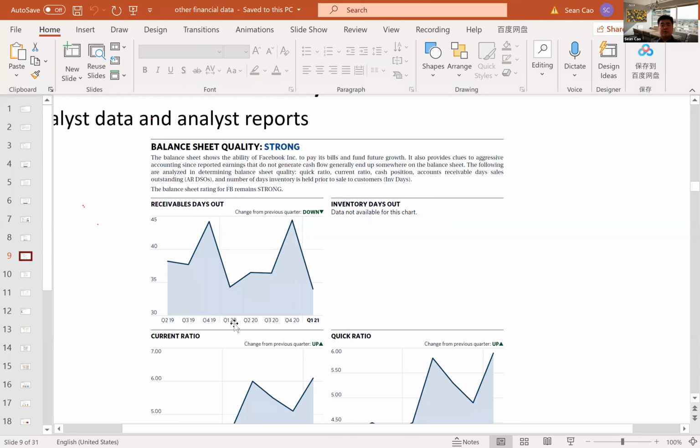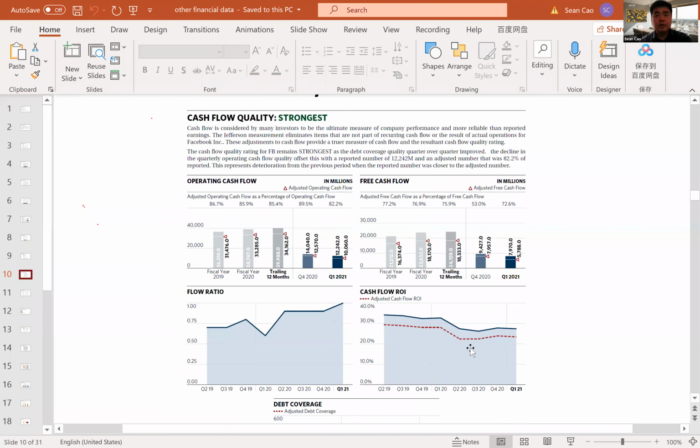So we have the same purpose, same objective, but a little bit different methodology to do that. Same thing, why you should trust Jefferson Research: you have to analyze their analysis to see if you can trust them. They also justify why the cash flow is strong.